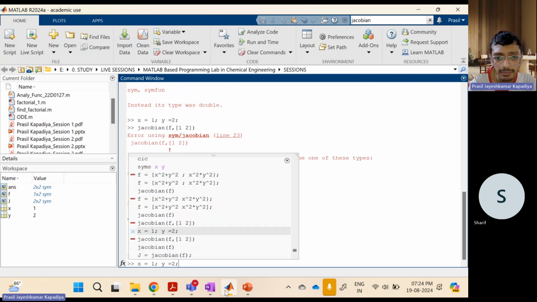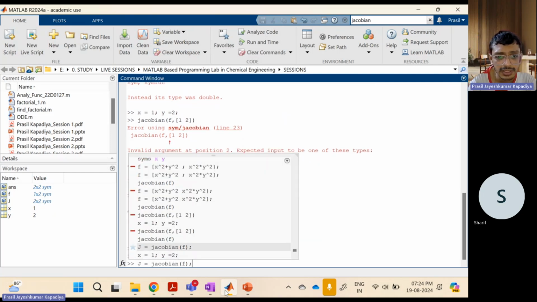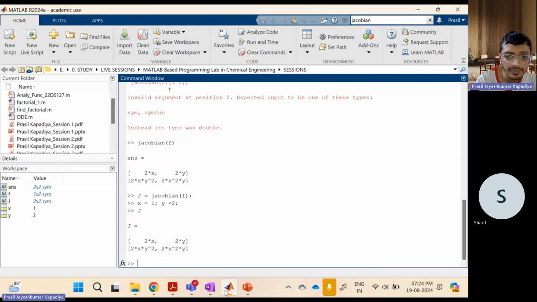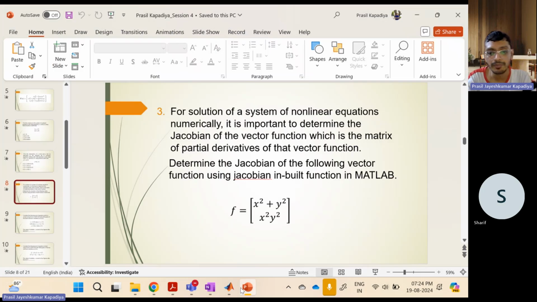Then let's say I'm taking x equal to this, y equal to this, and let's see what is the value of J. No, it won't show. As our symbolic tool is there, we can't actually find it. We need to do it separately: 2x, 2y, and this thing. So okay, this was the small exercise for calculating Jacobian of a matrix.